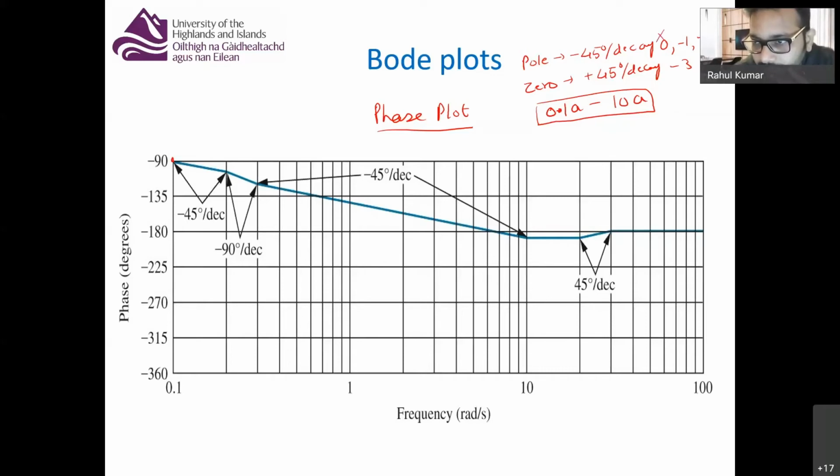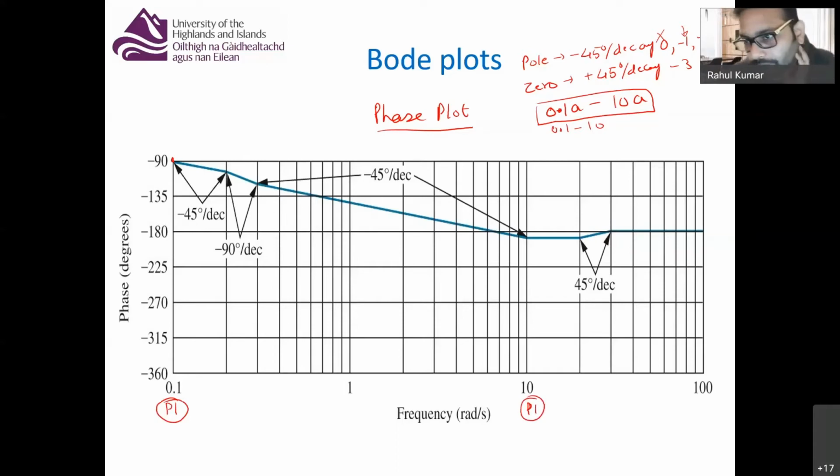Now the next pole is at 1, so the effect will start from 0.1 to 10. Let's call this P1; it will start from 0.1 and go up to 10.